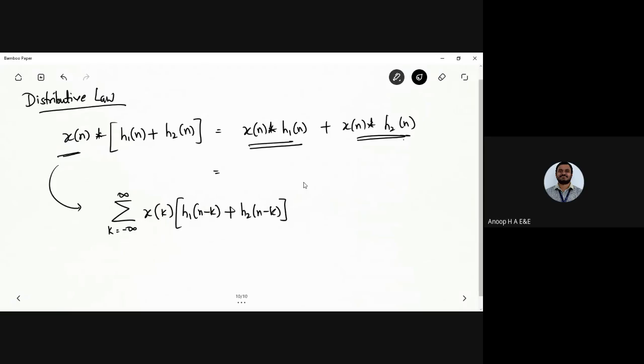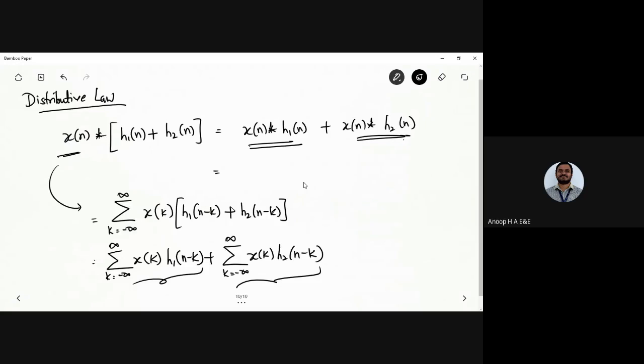Okay, so now let me multiply it inside. So that is sigma k equals minus infinity to plus infinity x of k h1 of n minus k plus sigma k equals minus infinity to plus infinity x of k h2 of n minus k. Okay, so these are the two things that are there.